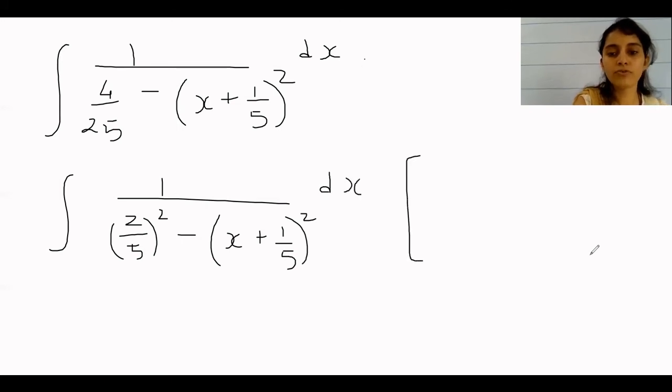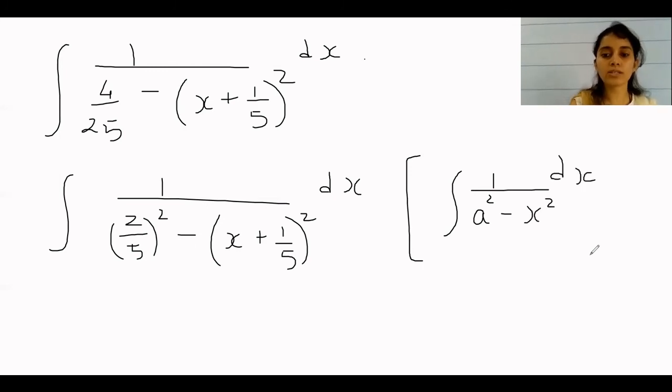Okay, so this is of the form integral 1 upon a square minus x square dx. So what is the answer for a square minus x square dx? It's a special integral, right? So let's check the answer. The formula list should be in front of you whenever you are doing these special integral types.